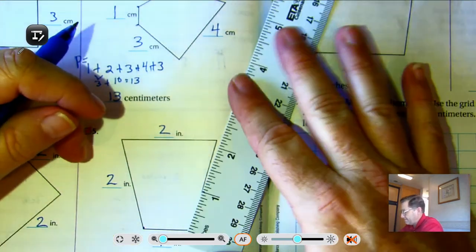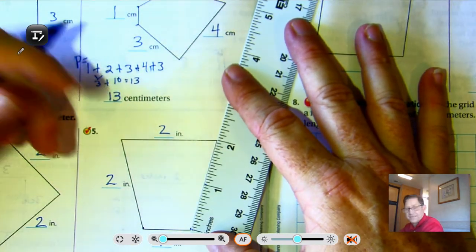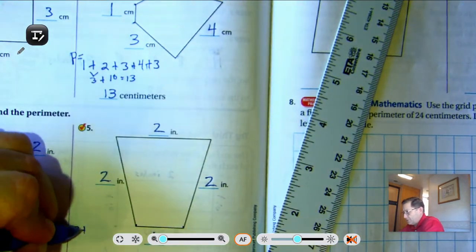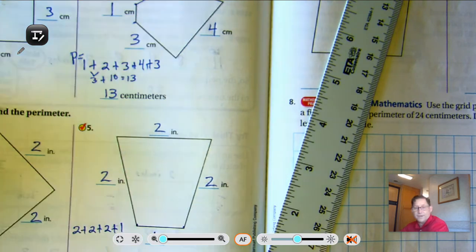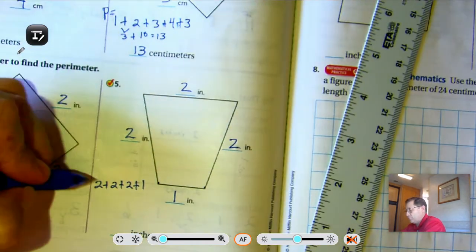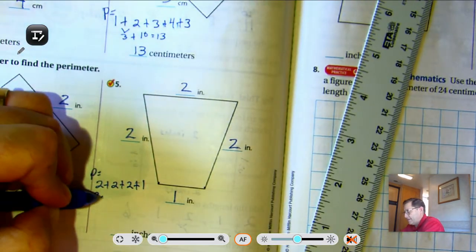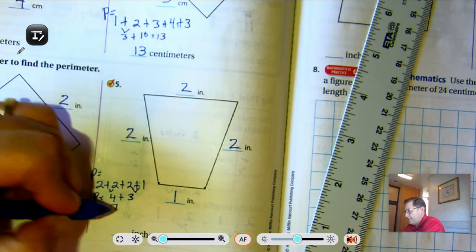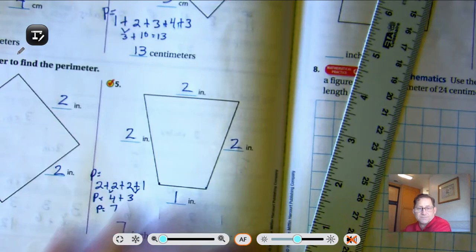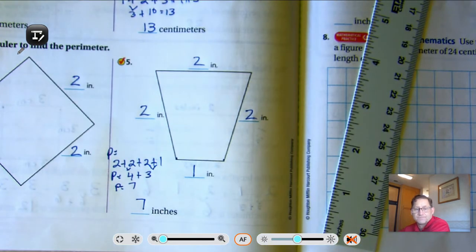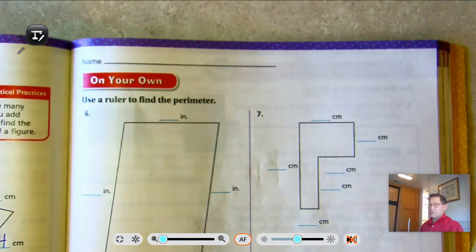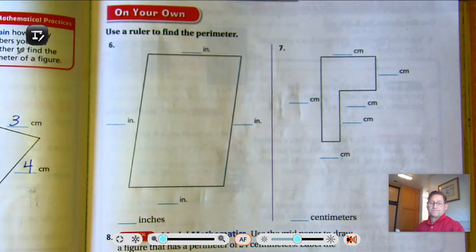And the third side stops at 2. So we have 2 plus 2 plus 2 plus 1. 2 plus 2 is 4. 2 plus 1 is 3. 4 plus 3 is 7. So the perimeter is 7 inches.